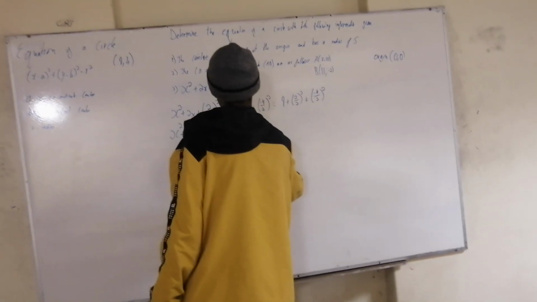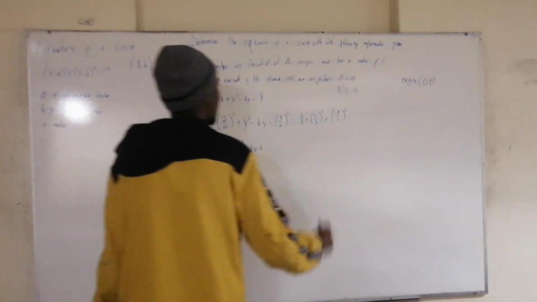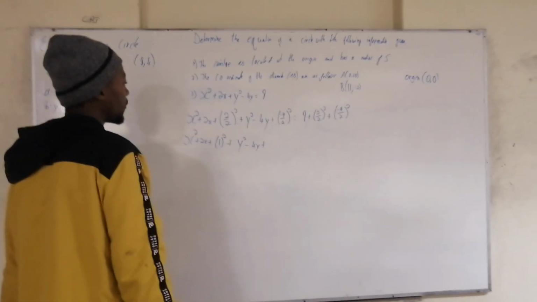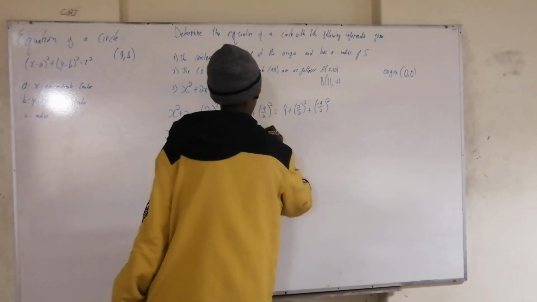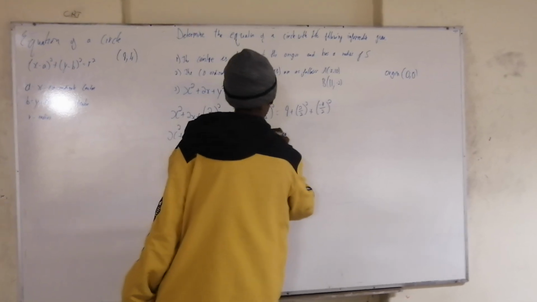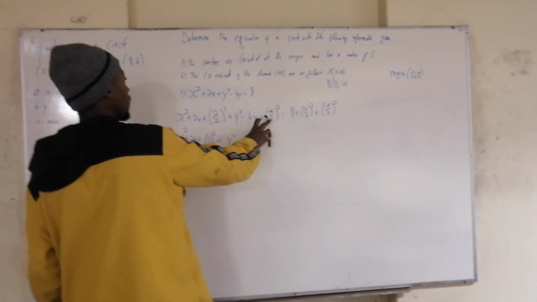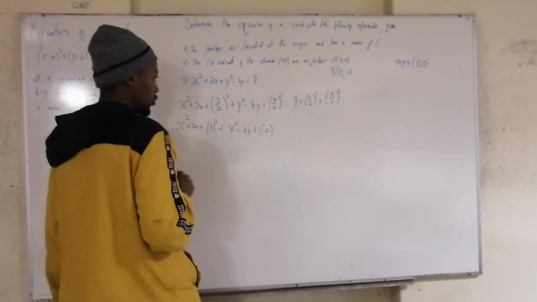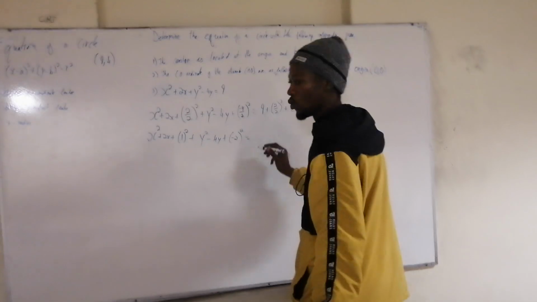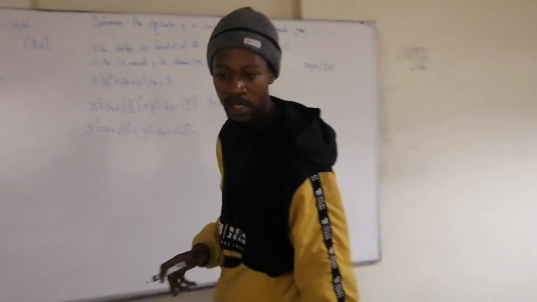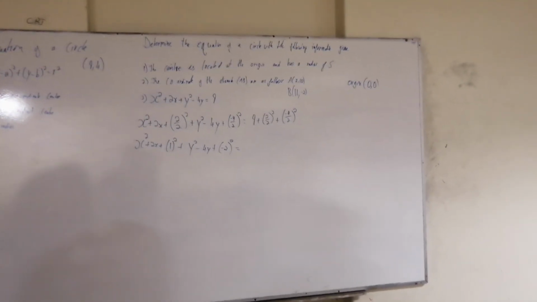And y squared minus 4y plus negative 4 divided by 2, which is equal to negative 2, and then we still square this. This side is going to give us, you can punch it in your calculator. Let me quickly punch it into my calculator.